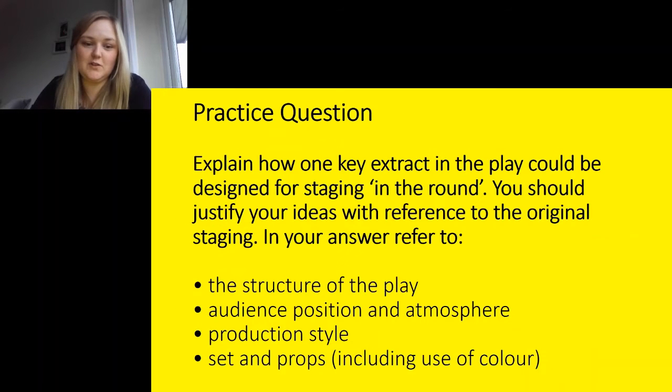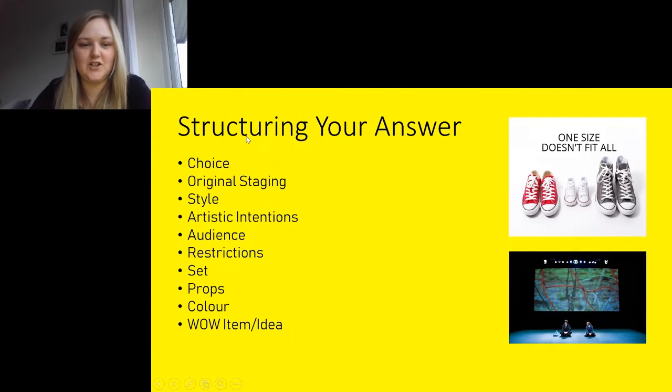Please make sure that you respond to the bullet points and that you've answered every single part of what the question is asking you to talk about. However, rather than worrying about a specific writing structure, you can let your creativity guide you and talk about your ideas in depth.